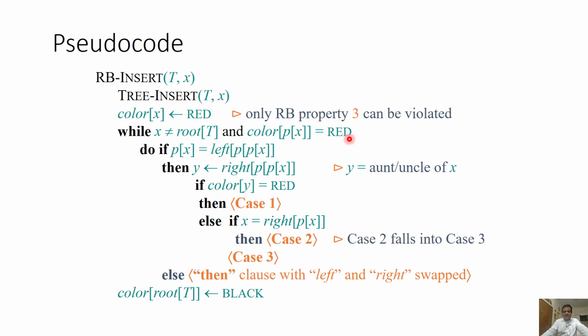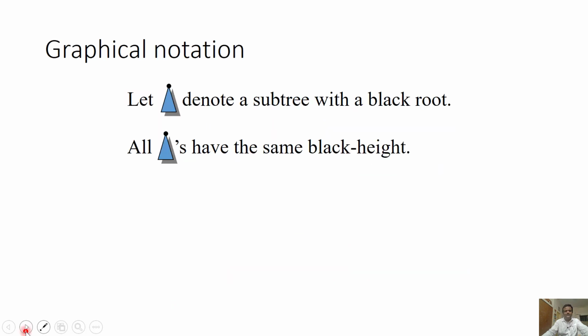If the color is red, then we have to do something. We change the color of these 2 nodes and the color of the grandparent. Then, if the grandparent is still red, then we have to do case 2 followed by case 3.